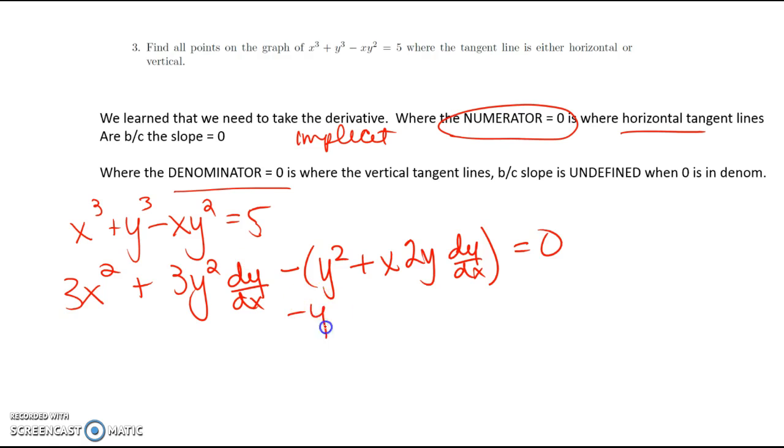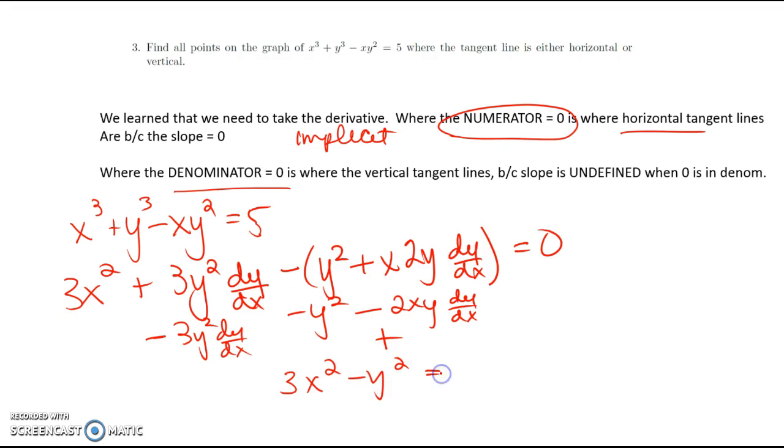So this is minus y squared minus 2xy dy dx. So I want to solve for dy dx. So I'm going to subtract this over to the other side, and I'm going to add this. So what's left is 3x squared minus y squared equals, I'm subtracting this over and I'm adding this over.